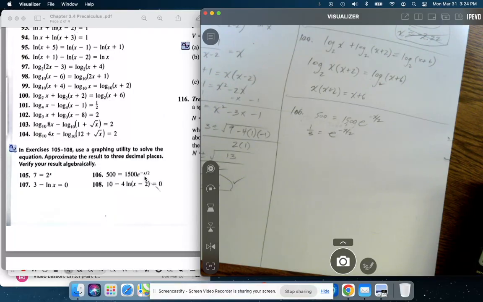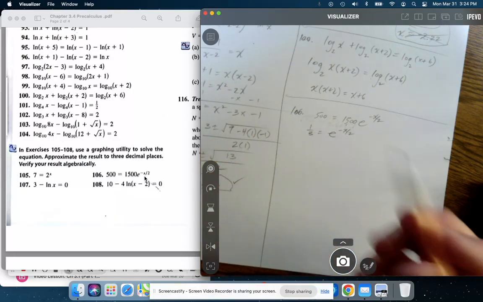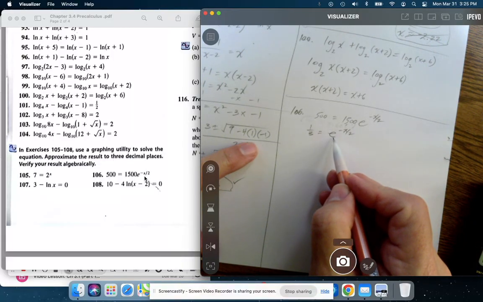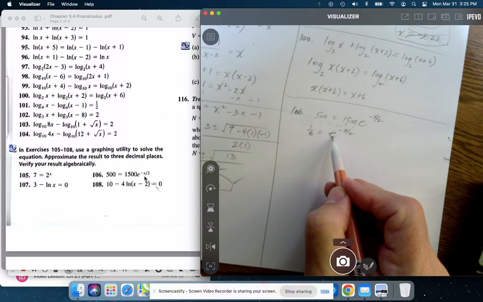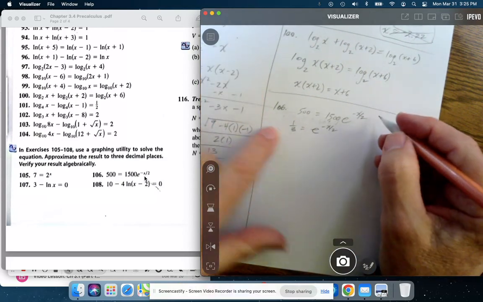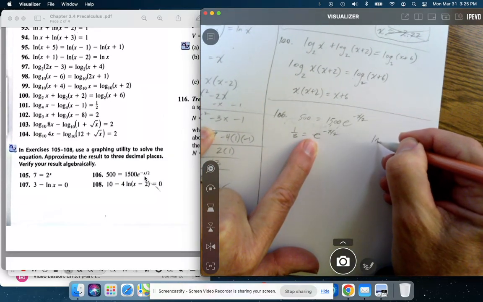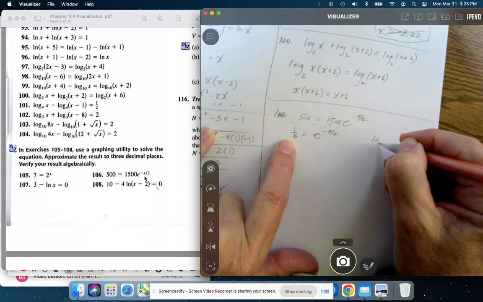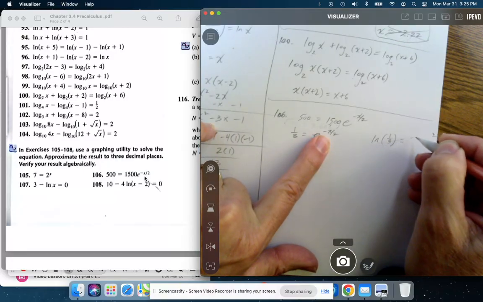If you can't remember the rules of a logarithm, you can just take the natural log of both sides and it should fall out. But I think it's going to be natural log, log base e of this equals this, right? So by memorization, it should be natural log, base e of this equals this.